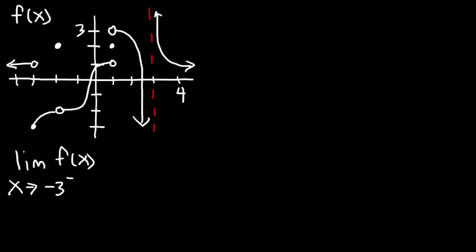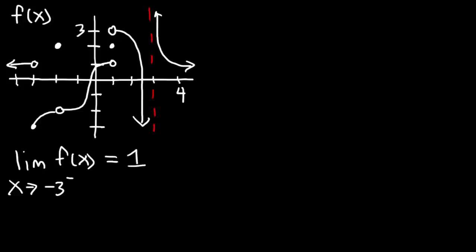First, identify where x is negative 3. X is negative 3 anywhere along that vertical line. Now we want to approach that vertical line from the left side. So you want to follow the curve from the left until you get to that point. Notice that the y value here corresponds to positive 1. So the limit as x approaches negative 3 from the left side is 1.